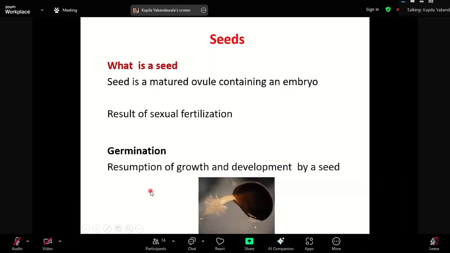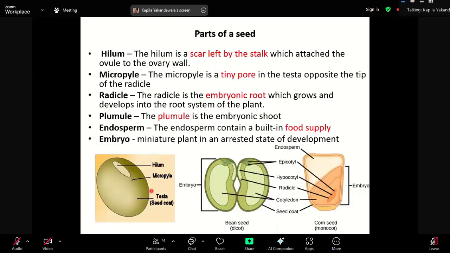Then what is germination? Germination is the resumption of the growth and development of a seed. If you look at the seed, it's given in the book. These are the different parts of a seed, right? The outermost cover, then the point at which the seed is attached to the stalk is called the hilum. Then there's a small pore called the micropyle. It helps to absorb water.